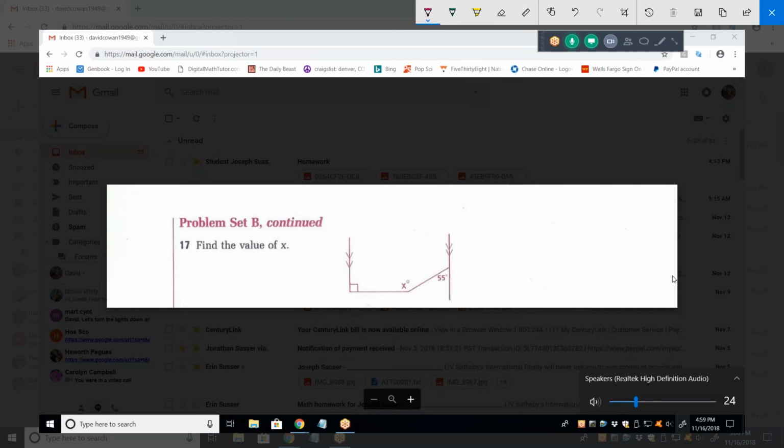Just to make sure you know how to do it the hard way, what would be my next step? Well, there's a number of things you can do. Since they've given us a limited amount of space here, I presume they don't want us to extend that line and extend that line. The easier way to do it is just to extend that line. Now, what's this angle? This has to be a right triangle.